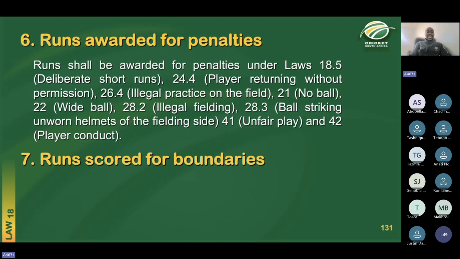If there is illegal fielding, that's law 28.2, 5 penalty runs will be awarded to the batting side. 26.4 is illegal practice on the field, and that can be either batters practicing illegally or the fielding side practicing illegally. Law 28.3, if the ball hits the unworn helmet of the fielding side, which is placed behind the wicket keeper, the ball automatically becomes dead and 5 penalty runs will be awarded to the batting side.